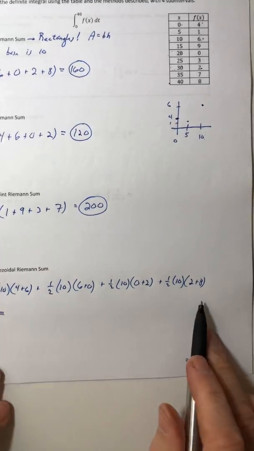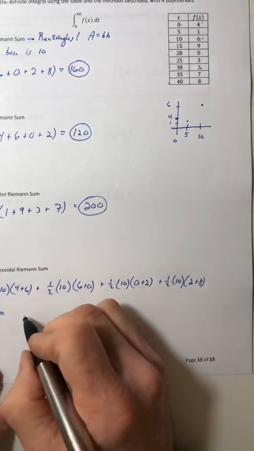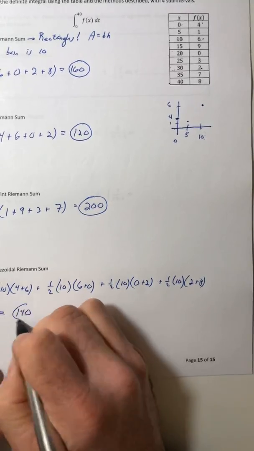So if you do all the arithmetic in there, you end up with 140.